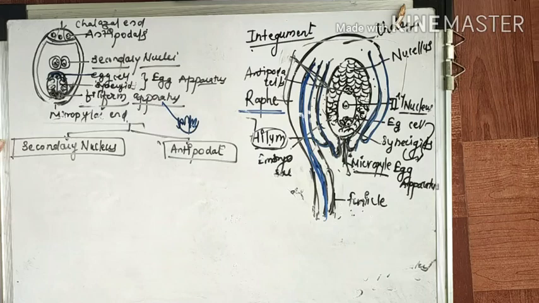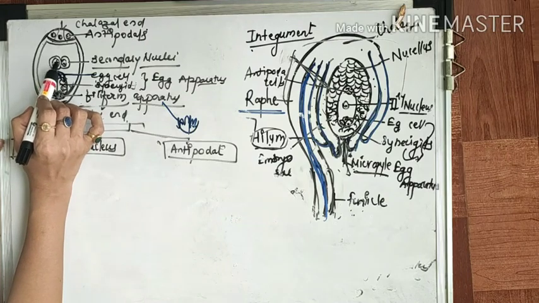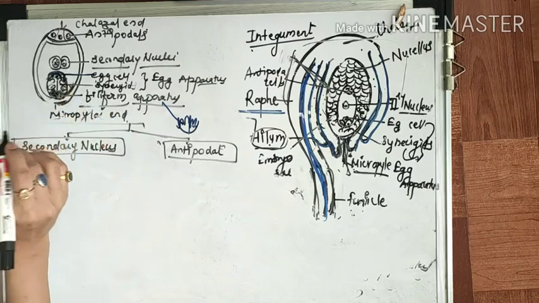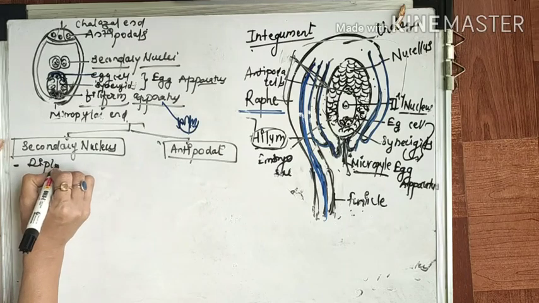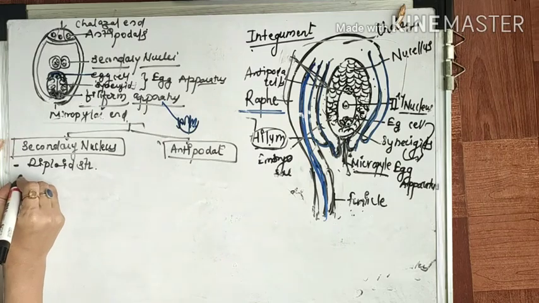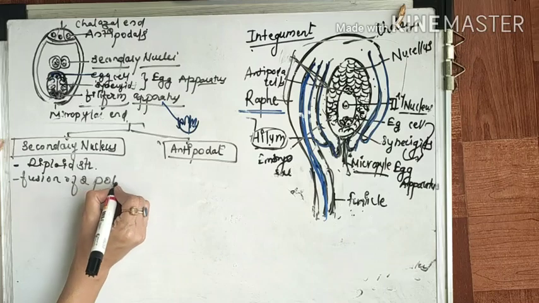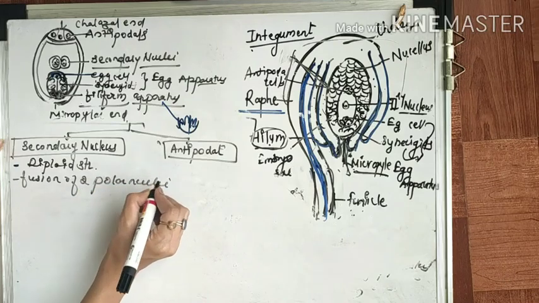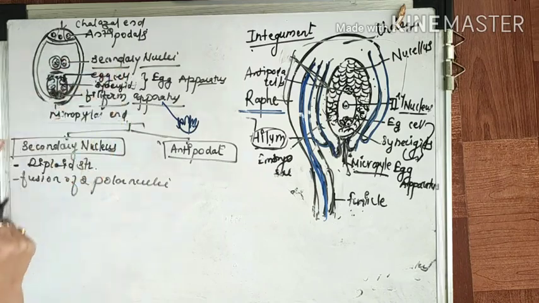It is a diploid structure formed by the fusion of 2 polar nuclei. So what is the secondary nucleus? It is nothing but a diploid structure, generally formed by the fusion of 2 polar nuclei. 2 polar nuclei fuse to form one structure, called the secondary nucleus, and it is diploid in nature.